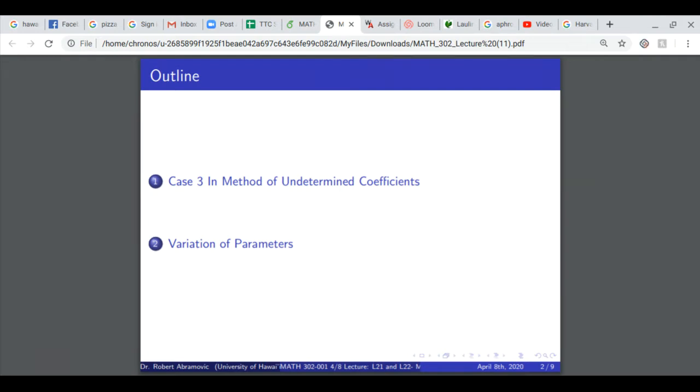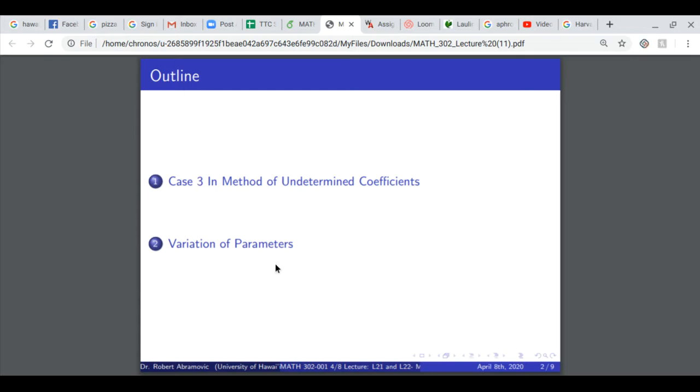Before, we only considered cases in which the function q of x shared a factor with a solution of the associated homogeneous differential equation that corresponded to a root of the characteristic polynomial that was not a repeated root. So we'll see how that works in this lecture.